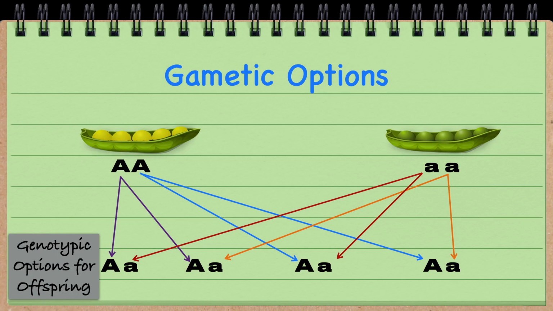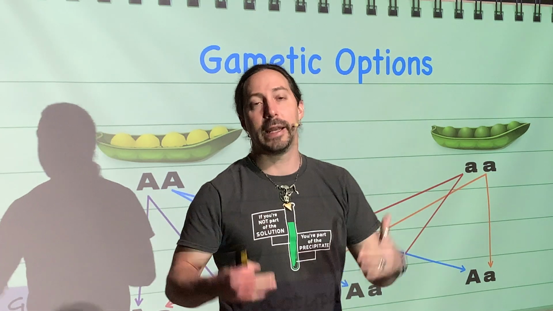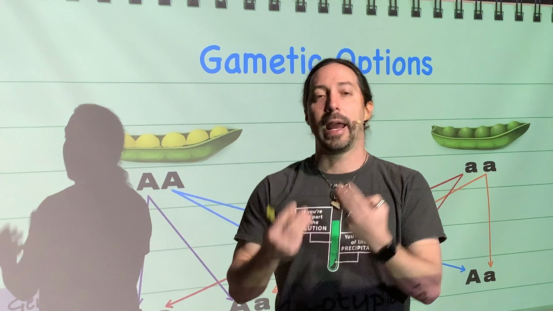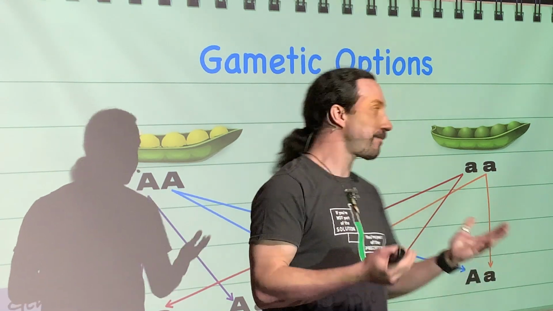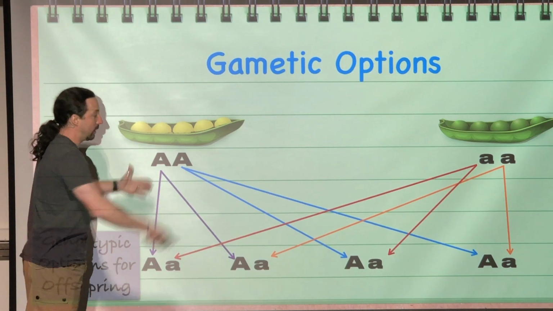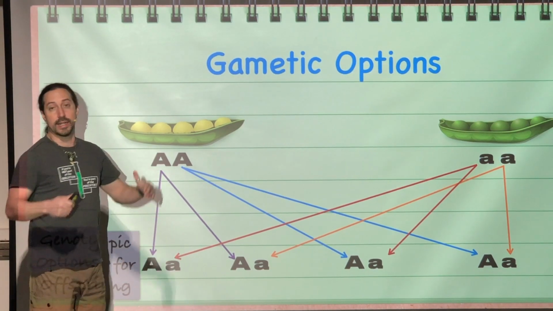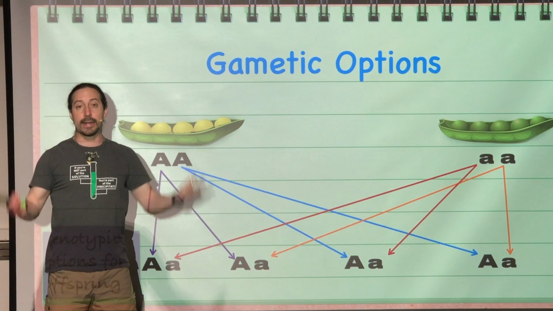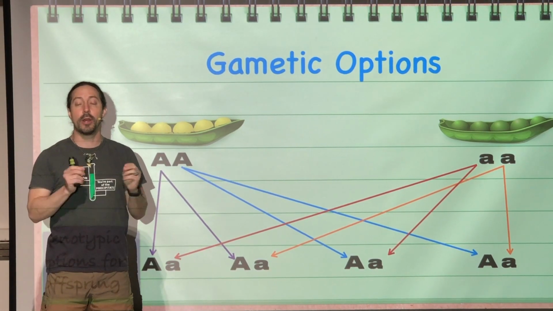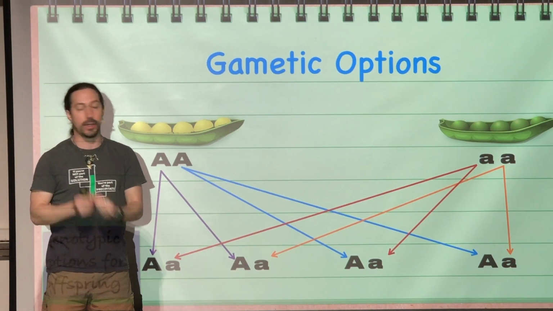Either way, each of the offspring that could be produced from this pair would end up being heterozygous, having both the dominant allele and the recessive allele. These are the different combinations that it could have occurred in, and as it results, they all would be exactly the same in regards to the genotype and the phenotype for this specific gene.